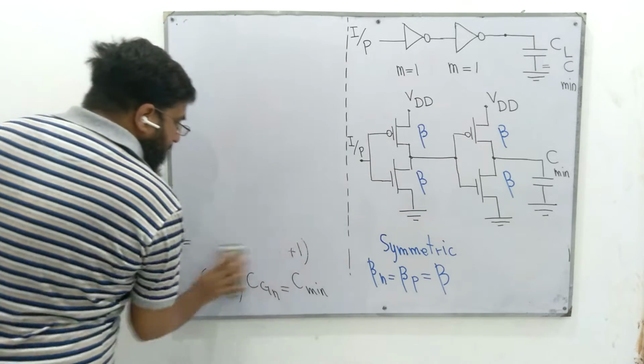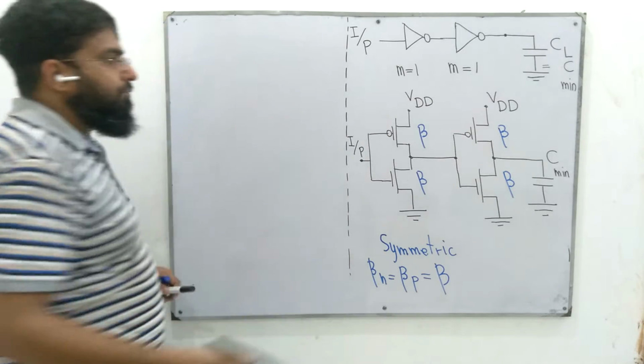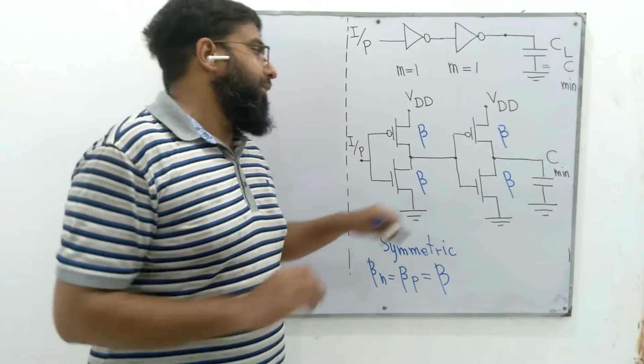How can we write a general expression for the delay of this chain?